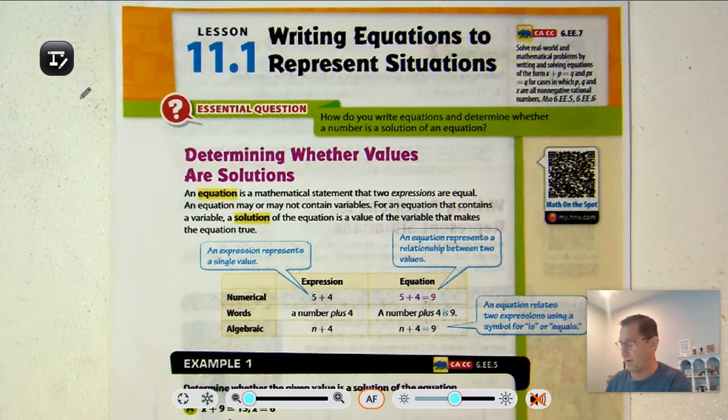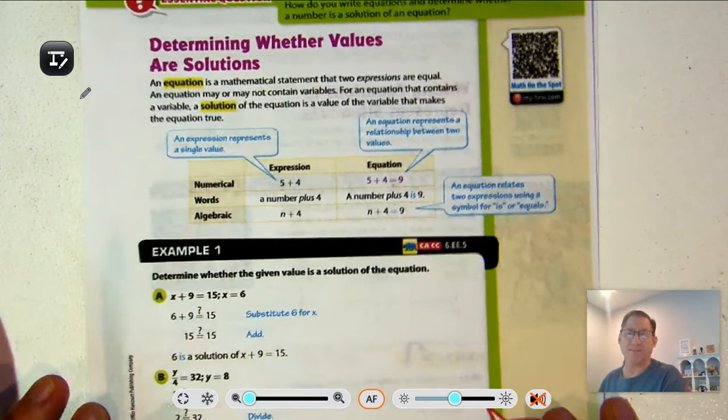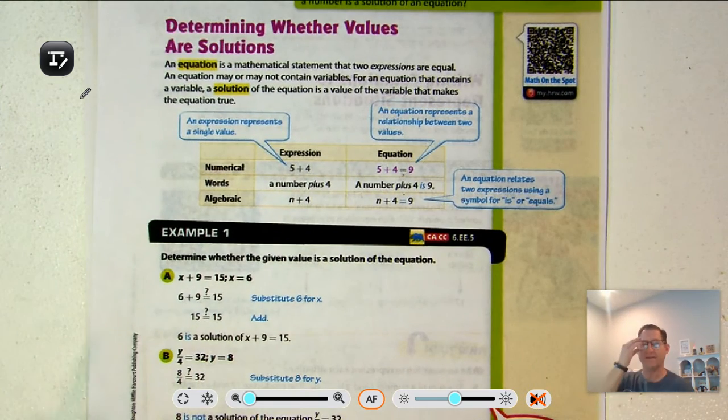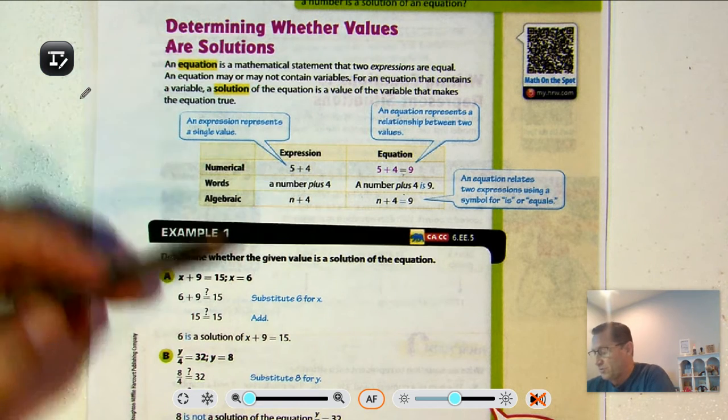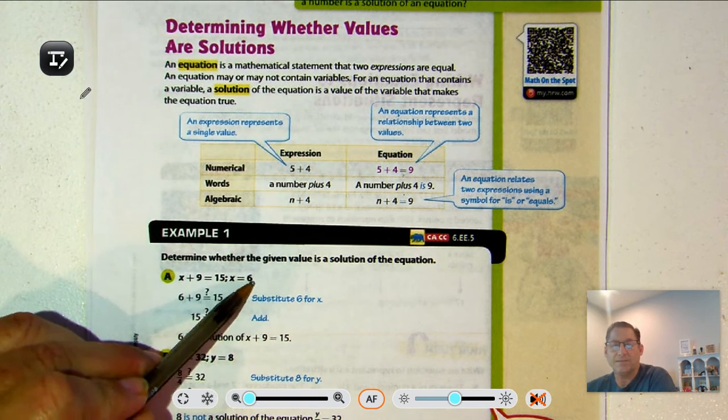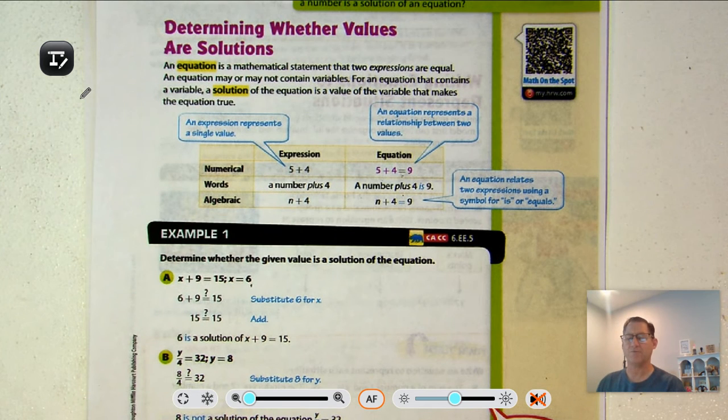All right, so let's look at our first example. Determine whether the given value is a solution of the equation. So here they're telling us that x equals 6, and we have to determine, is that a solution of the equation? In other words, if I put 6 in for x, does it make it a true statement?